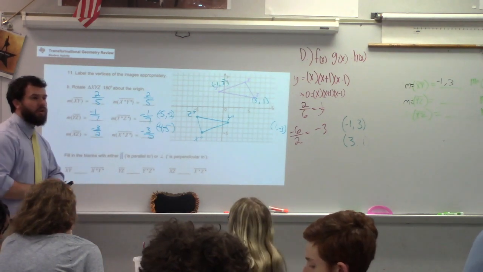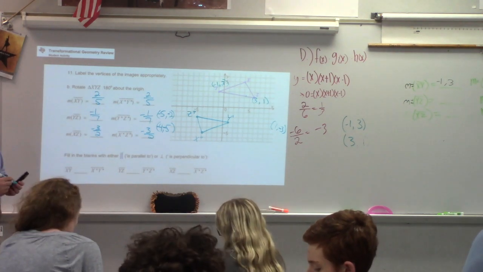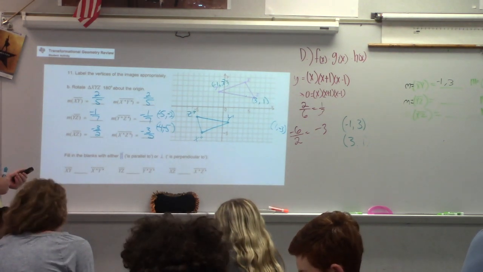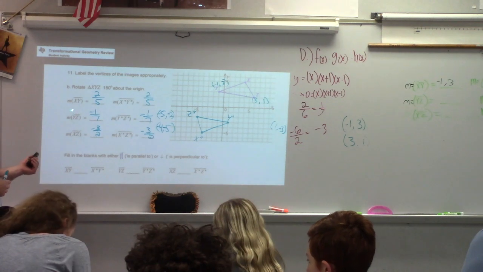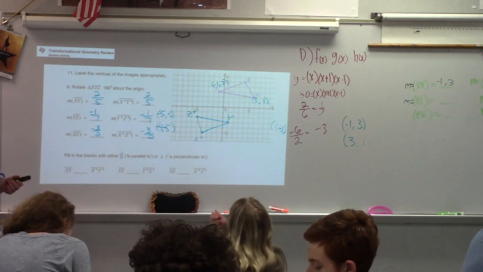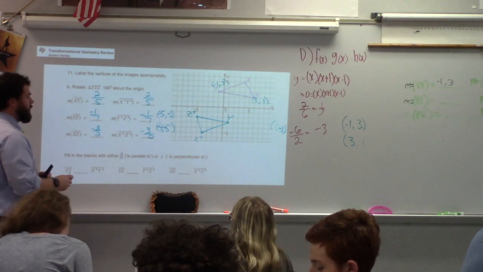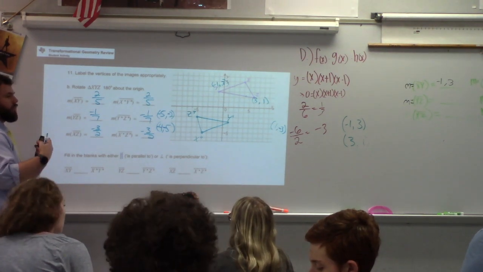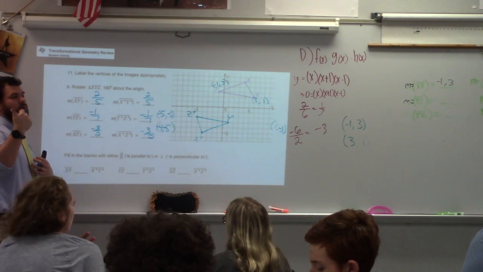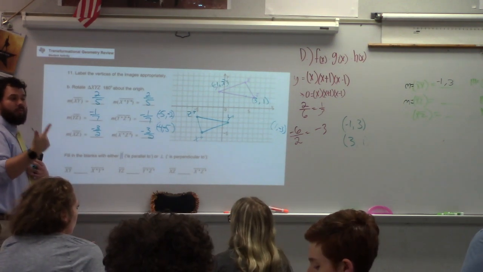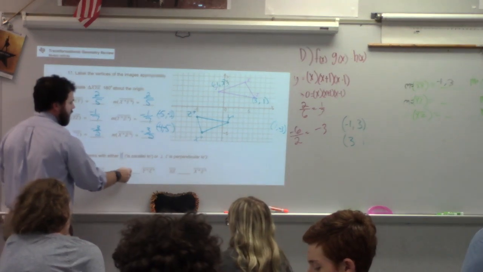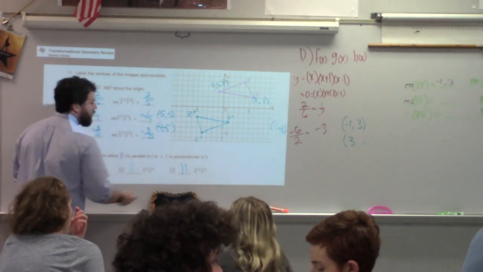And so I want y'all to notice, after a 180 degree rotation, are they still perpendicular? Yes. Look at those slopes. The slopes are exactly the same, so they're not perpendicular, they are congruent slopes. What does slope determine? If it's perpendicular or parallel. Remember, if the slopes are the same, they are parallel to each other. They'll never intersect.